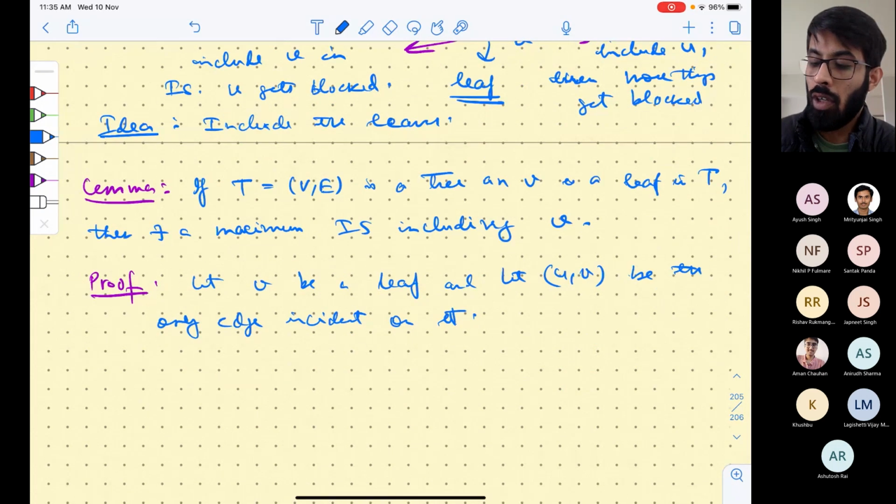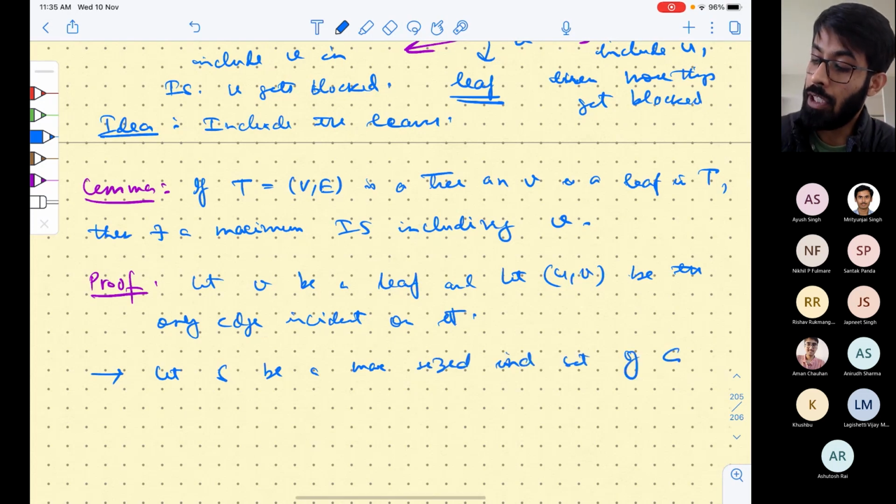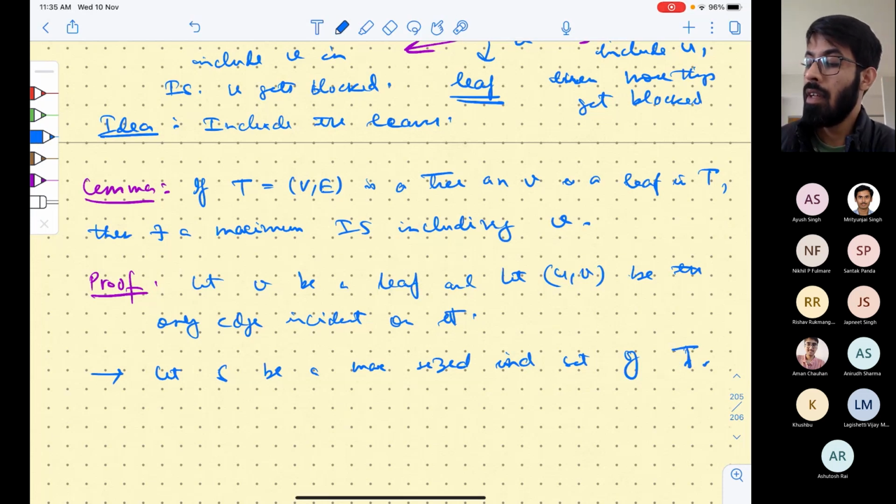Let's start with S, a maximum sized independent set of T. How can we now show that there exists a maximum size independent set of the tree including V?